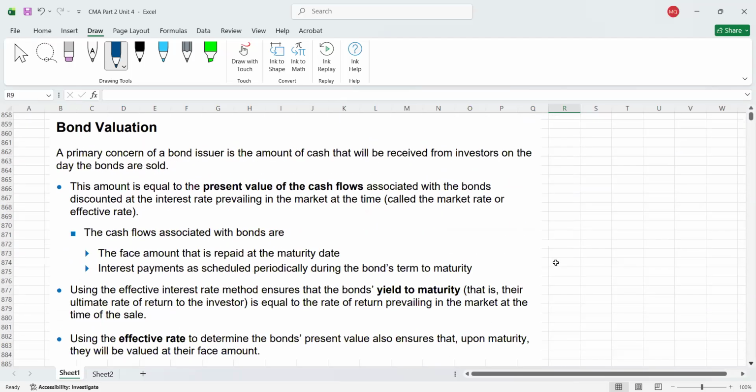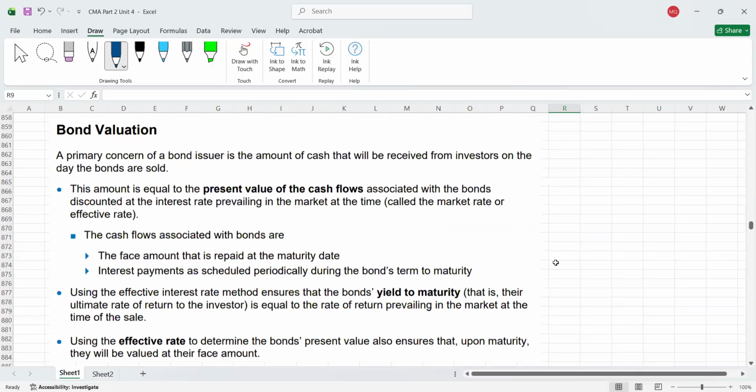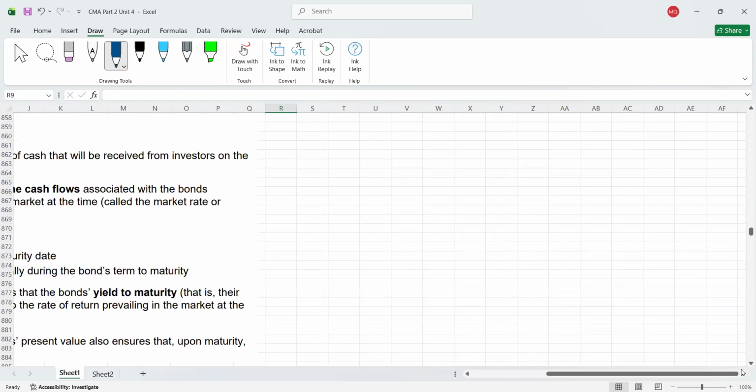So here we go. First, starting with bonds valuation. Guys, as a company, if you are issuing bonds, you need to know what price you should receive from the investor.